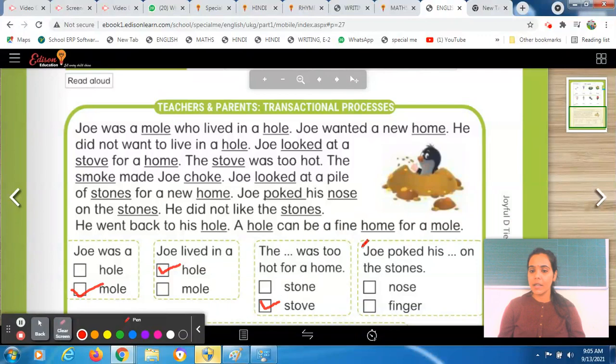Okay. The next is Joey poked his dash on the stone. So Joey poked his nose. What did he poke? He poked his nose. So you have to put a tick on nose, not fingers. यहाँ पे fingers की तो हमने read ही नहीं करा है ना. So what did Joey poke? Joey poked his nose on the stones, right?